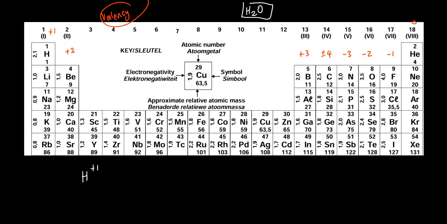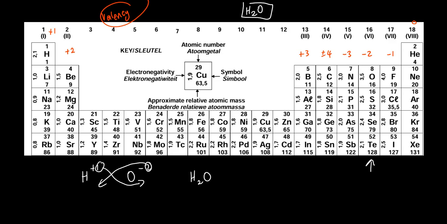And when you check oxygen, it is in this group whereby it's minus 2. So oxygen is minus 2. Now you only take the number. This 2 goes here, this 1 goes there. So that's why it forms H2O. The 1, we don't really write it, just like in maths, you don't write 1x, you just write x.